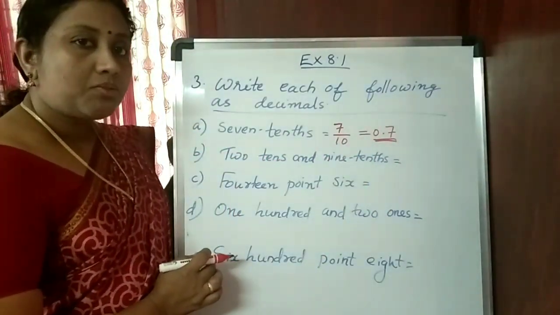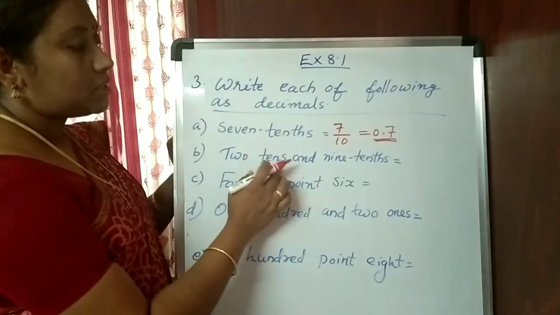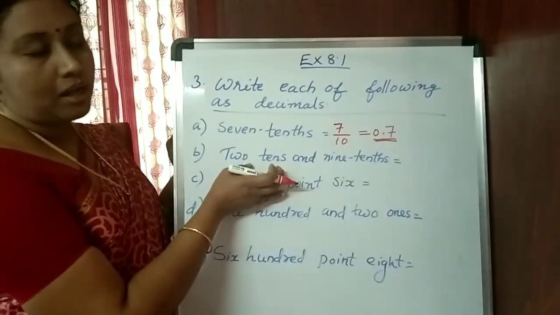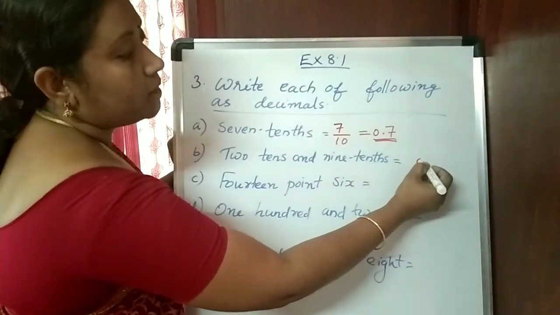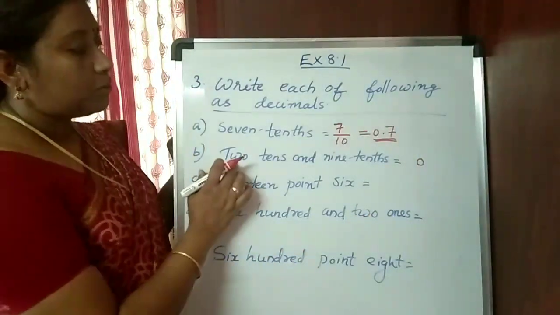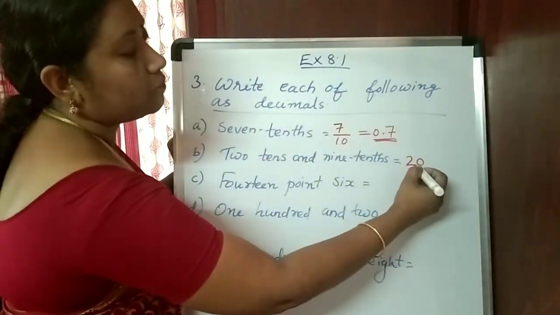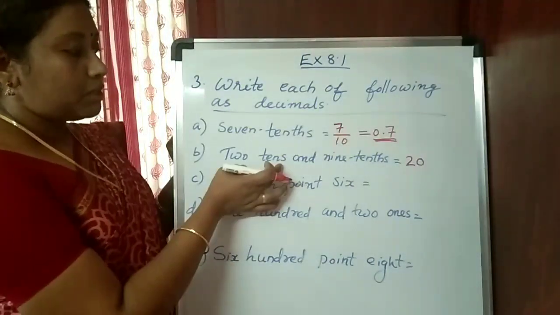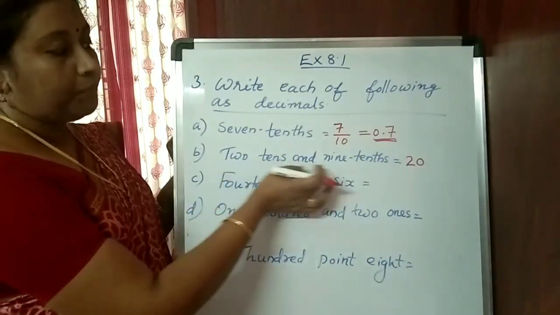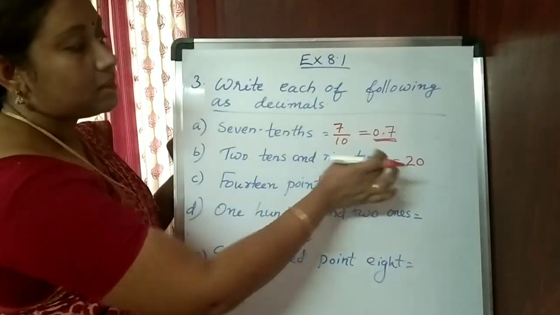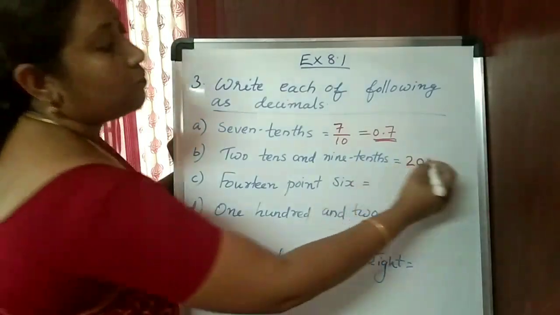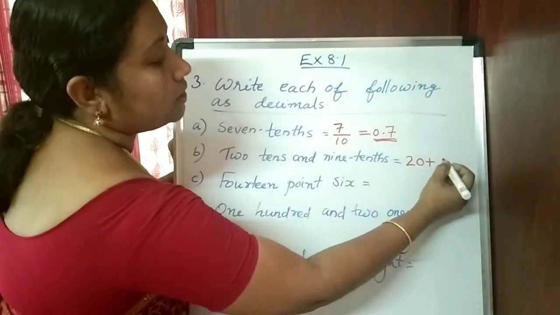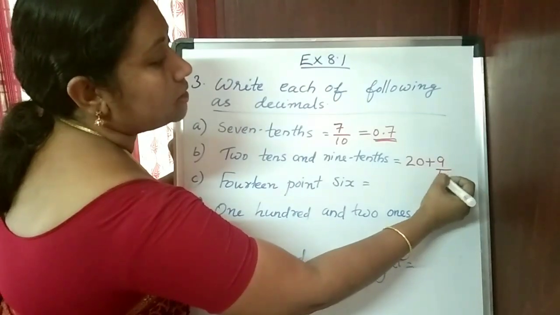Okay. Then your second question, 2 tenths and 9 tenths. Here there is no ones place, so in the ones place you put 0. How many tens are there? 2 tens. So this number is 2 tens, means 20, and 9 tenths means 9 by 10.